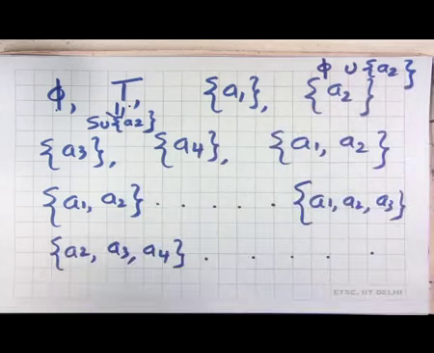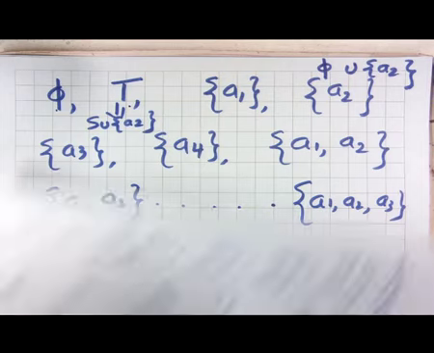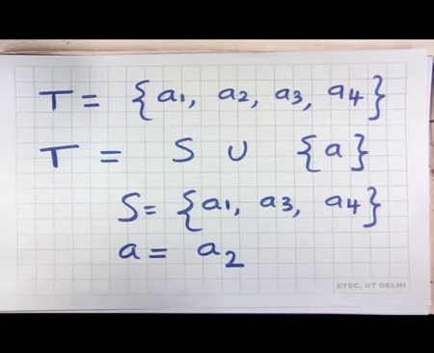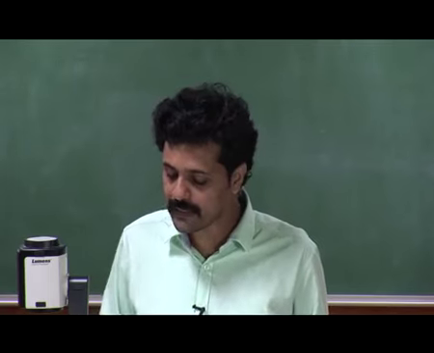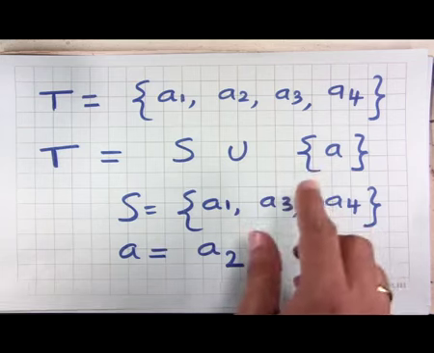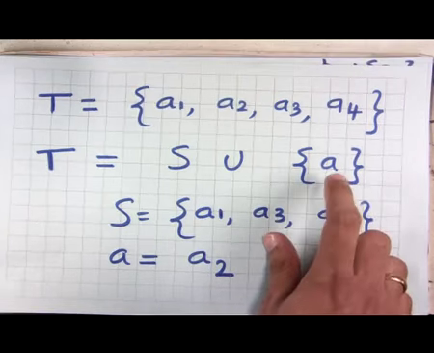Like this, after listing all the subsets of T, you can see that it will be either a subset of S or a subset of S union A2 in this example. So, with this we can see that every subset of T can be listed by listing subsets of S first and then along with this subset augment the element A.